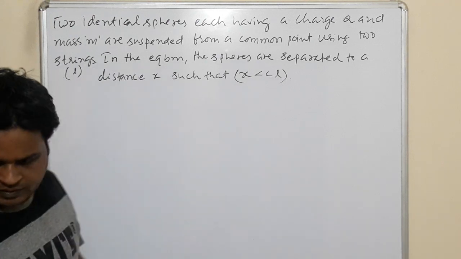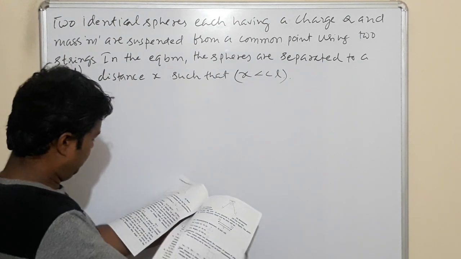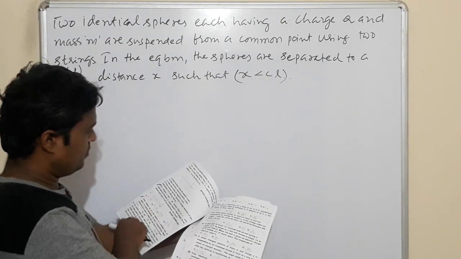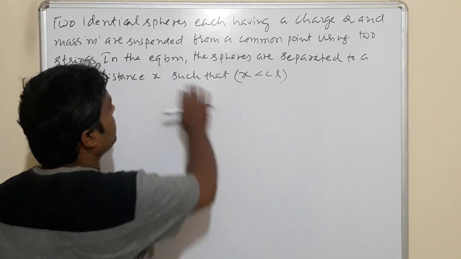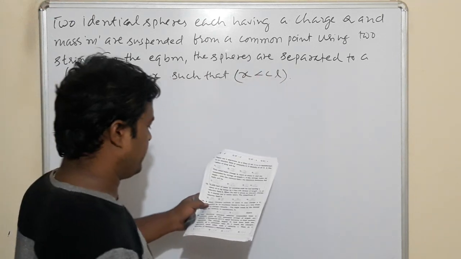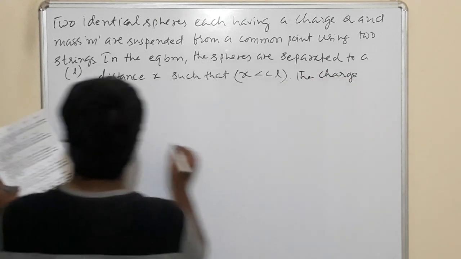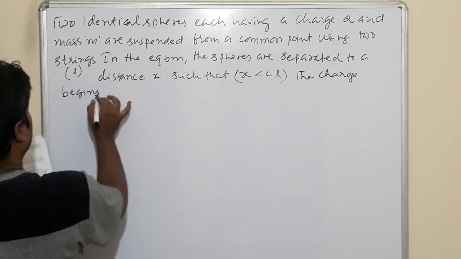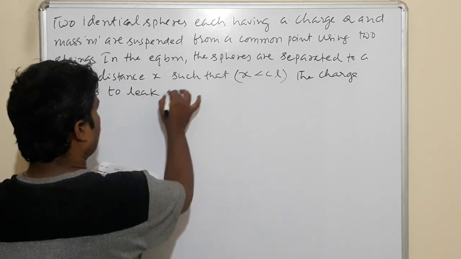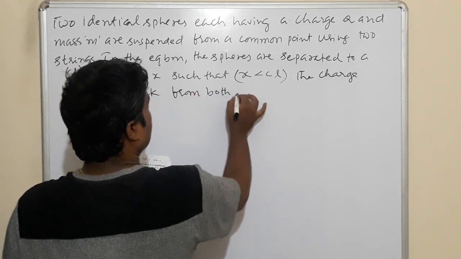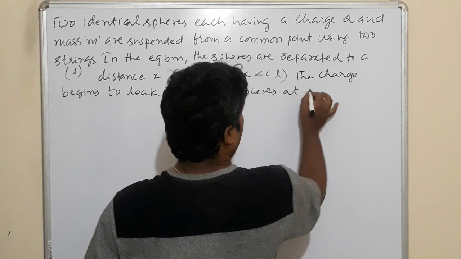Okay. Then a situation is mentioned. It is also one previous exam question. Because of mutual repulsion, they are separated to a distance x. Then the charge begins to leak from both the spheres at a constant rate.